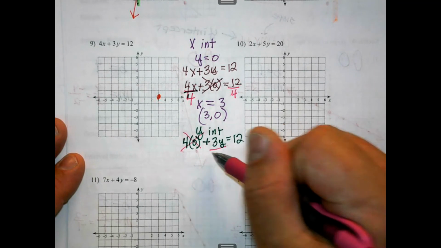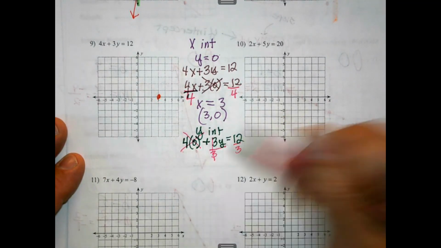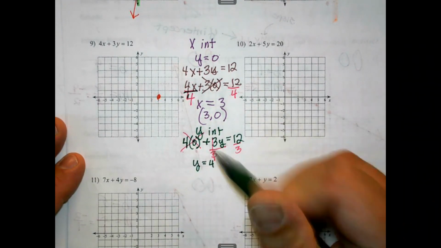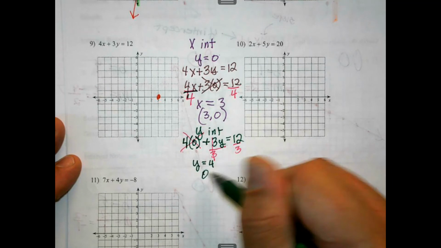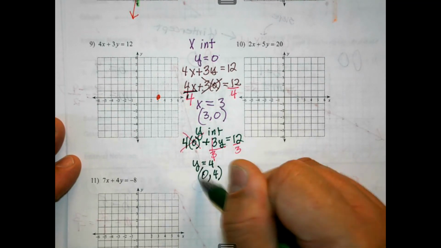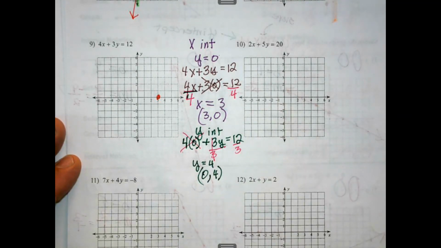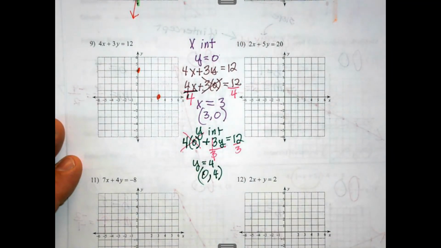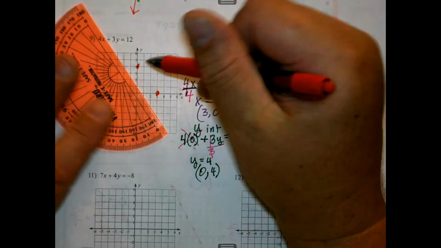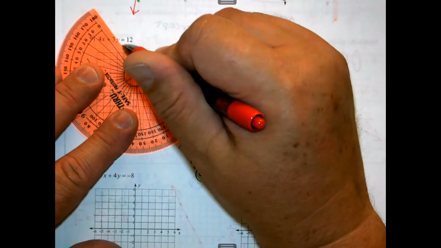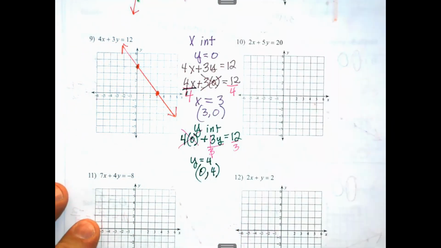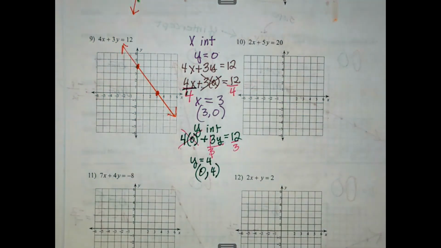All I have to do is divide by 3 both sides, and my y equals 4. So my y-intercept is going to be, my x is 0, my y is 4. So 0, 4, got my 2 points, draw my line. And that's what the rest of the problems are like.